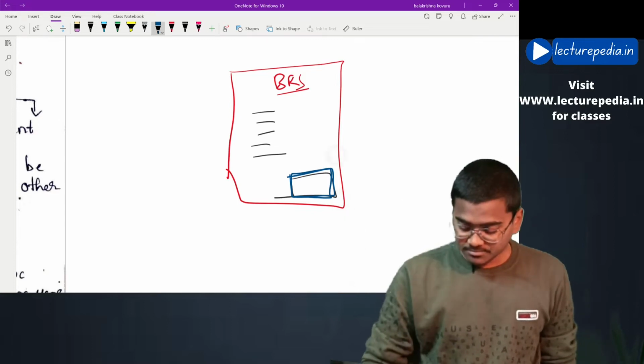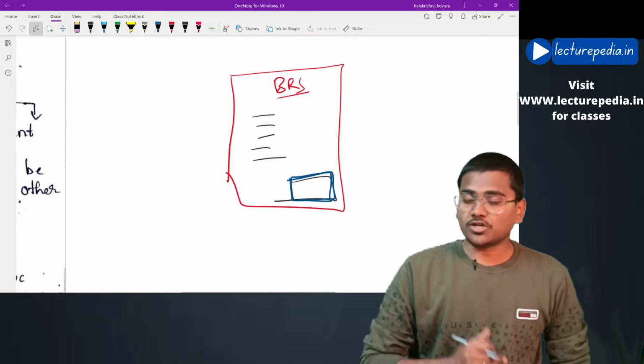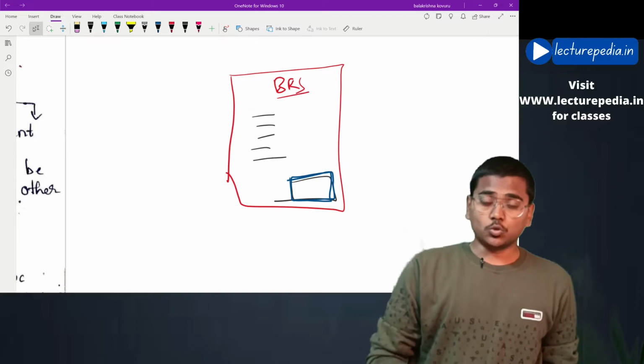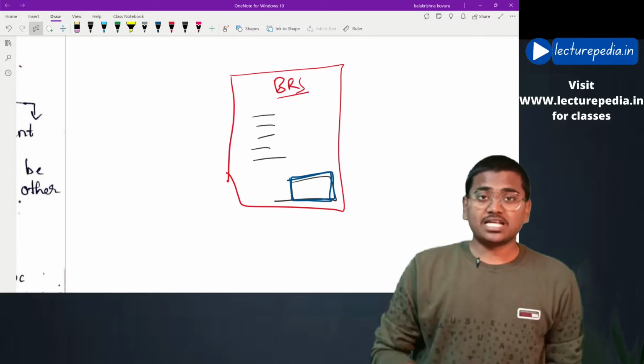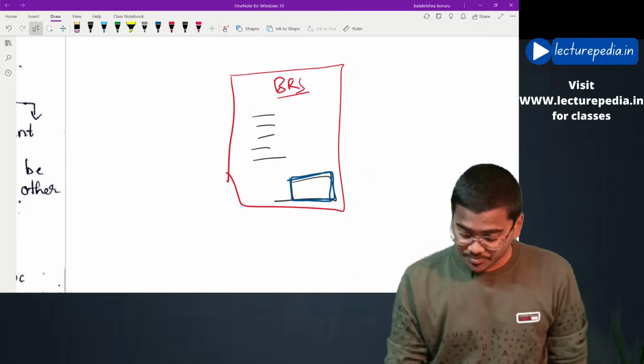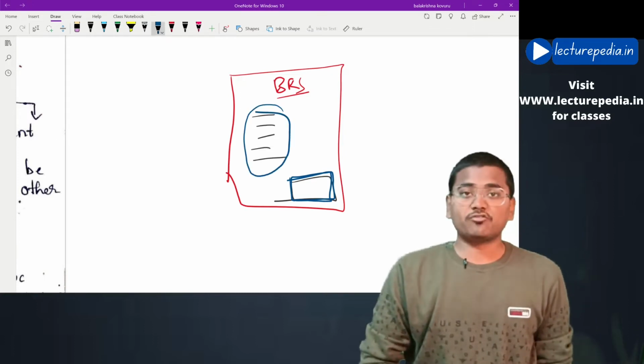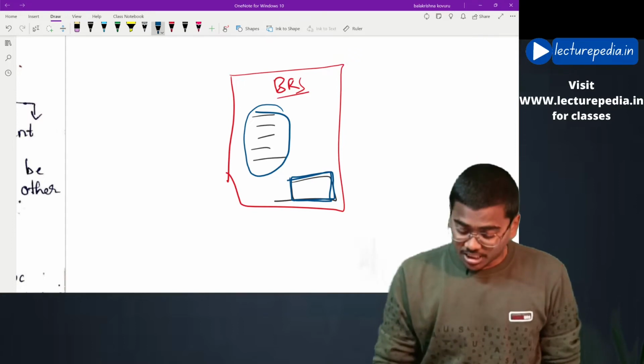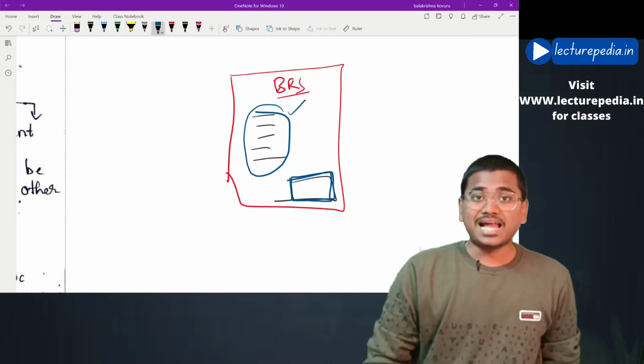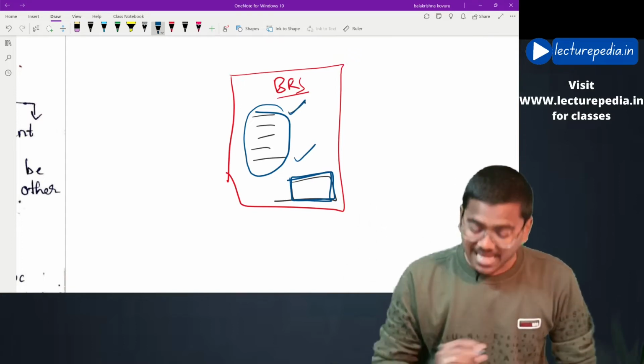Now after performing test of controls, auditor wants to verify this BRS in detail. That means he wants to recalculate the calculations that are performed in this BRS. Okay, he wants to watch the balances of cash balance and bank balance.